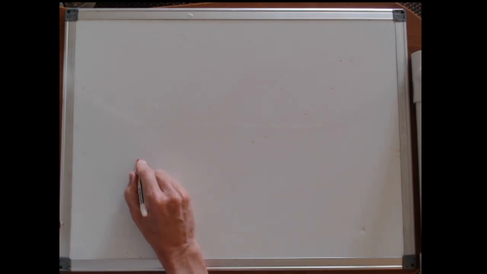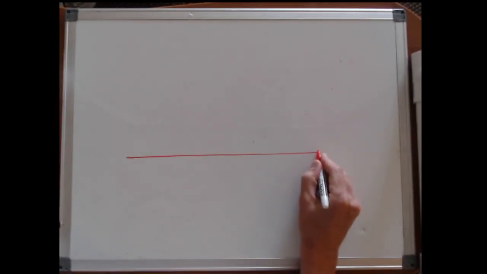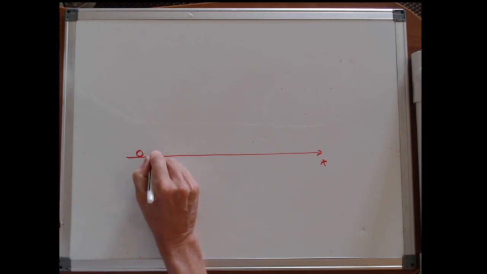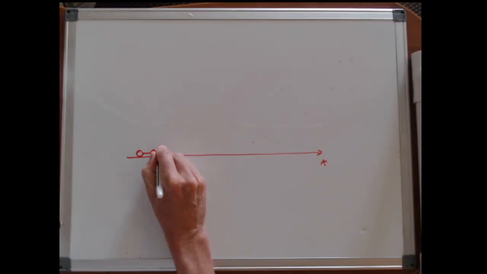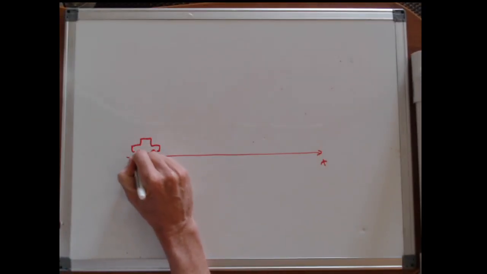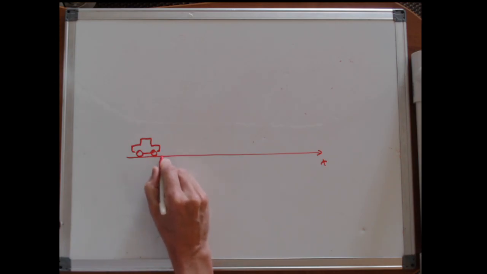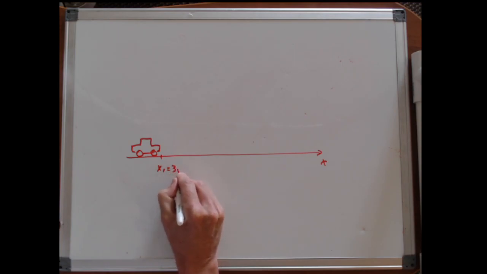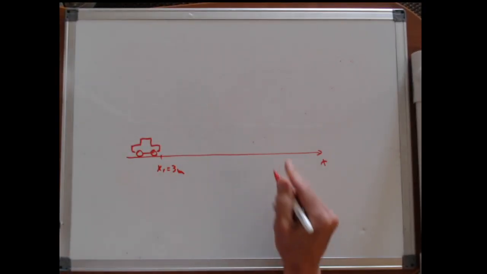So I have a car, and let me draw it this way. This is my x-axis, and I have a car over here. This looks surprisingly like my car. Its position is x1, and we said that's 3 meters relative to this coordinate system.